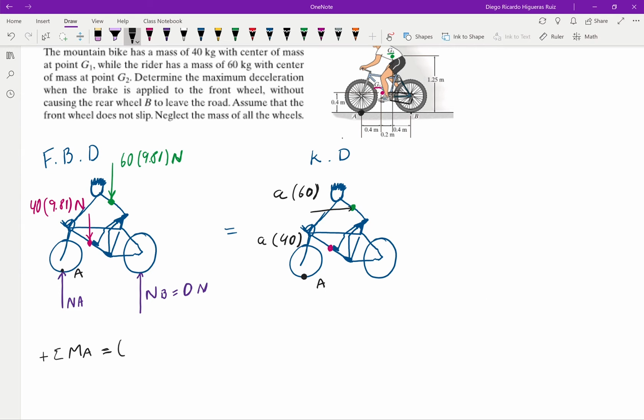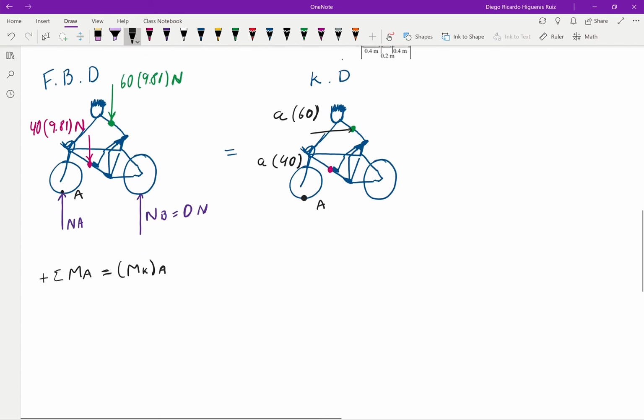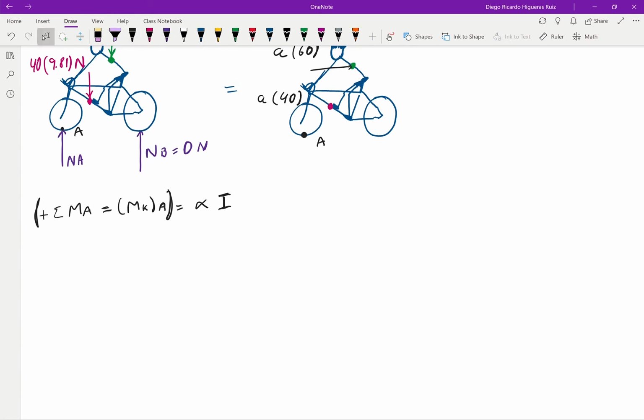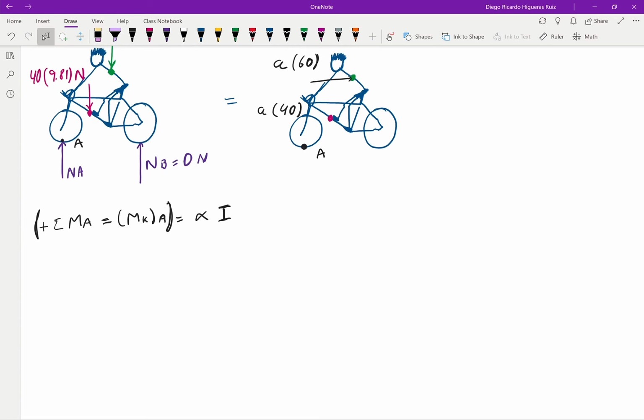So let me write that. You will see that pretty much it's alpha times the mass moment of inertia, but we're just going to solve with this, okay? All right, so what we do is calculate the moment that these forces produce with respect to point A.